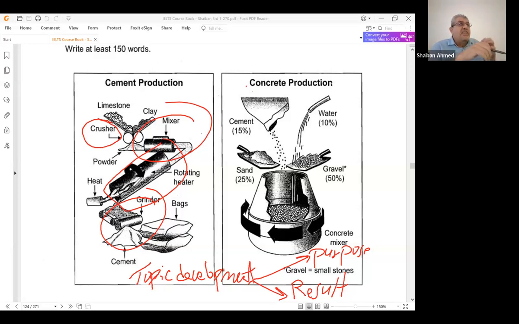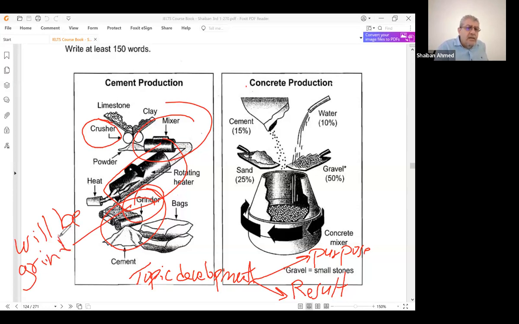So it is a grinder. Change it to a verb. Passive voice is going to be what? Will be ground. So grinder, you can change it to will be ground, or is going to be ground. Okay.